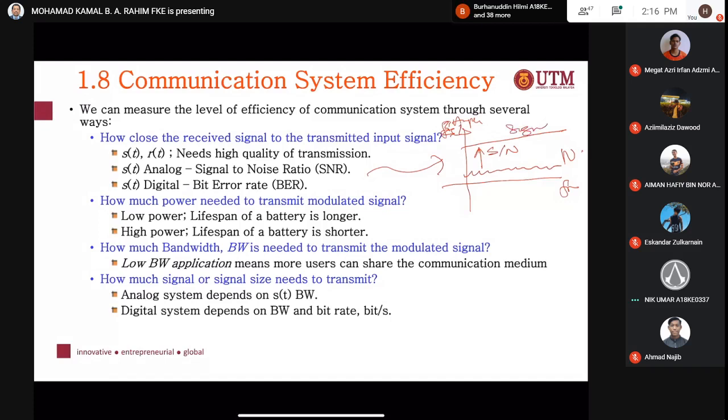It means that the higher your signal to noise ratio, the better your system, because the signal is not in the noise level. But if this is your noise and your signal is here, I'm afraid that if the noise becomes a little bit bigger, your signal will be in the noise region. So what happens?